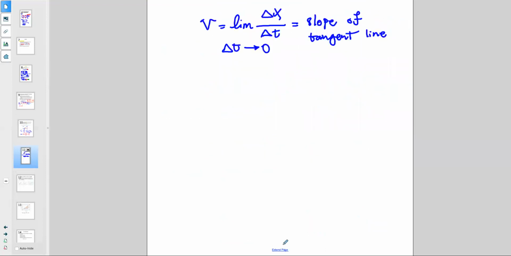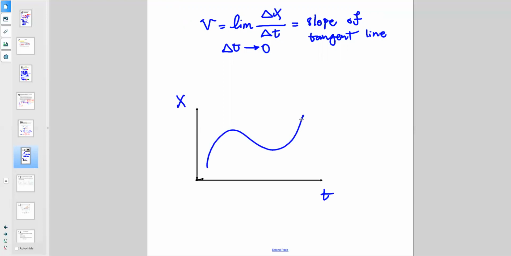In other words, if you have an xt graph, let me draw an xt graph. I have the xt graph here, okay, and this is the xt graph that I have.